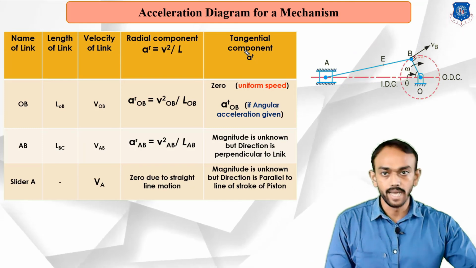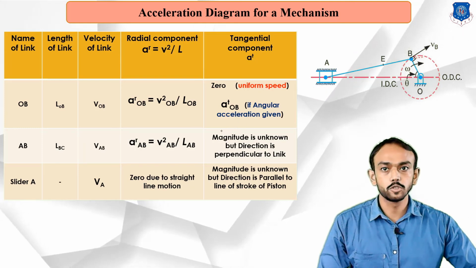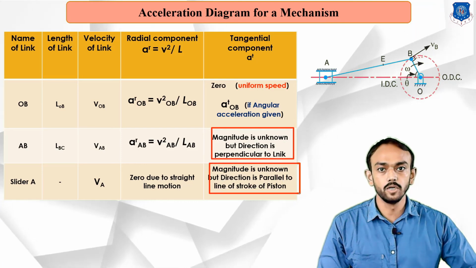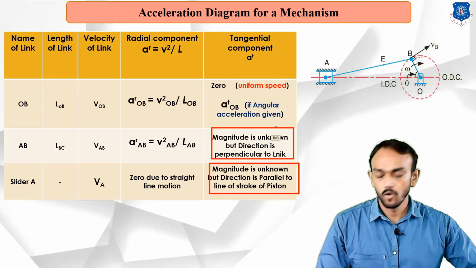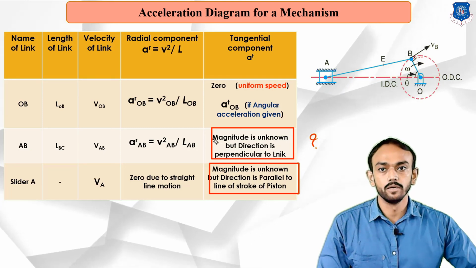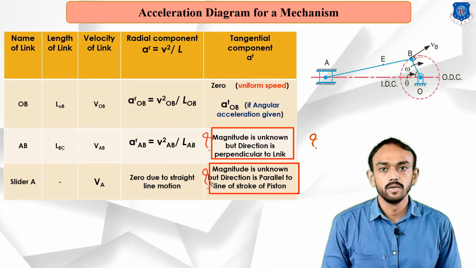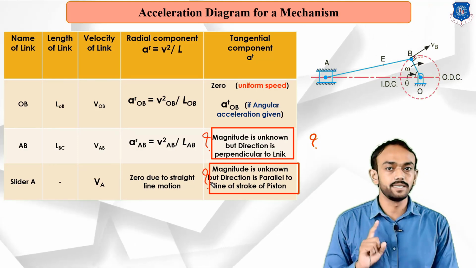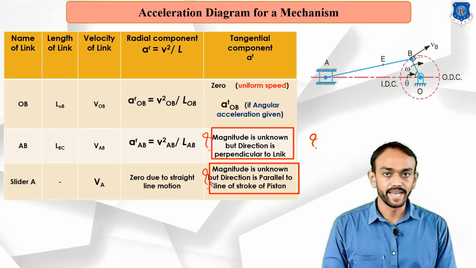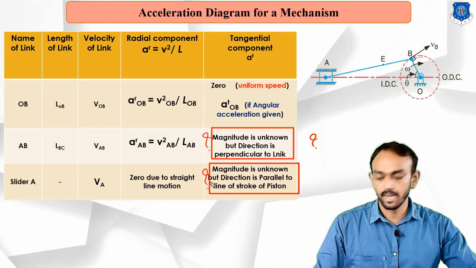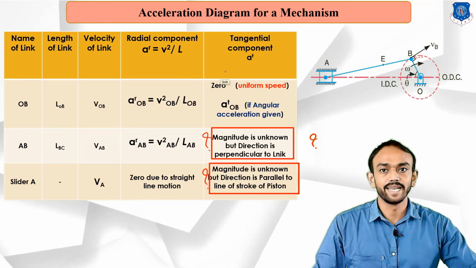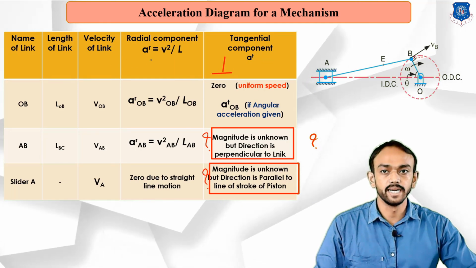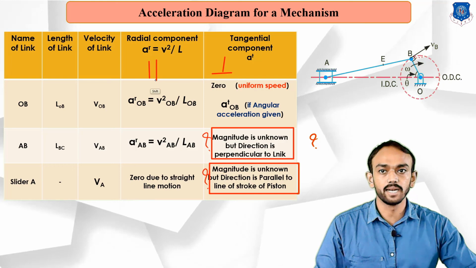Now in these two cells there will always be unknowns, because we don't know the magnitude. This magnitude we always find from the diagram, but the direction, as you know, for the tangential component is perpendicular to the link, and for the radial component the direction is parallel to the link.